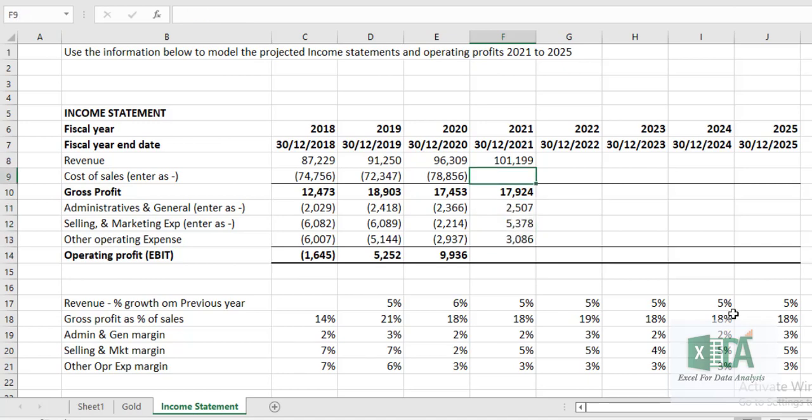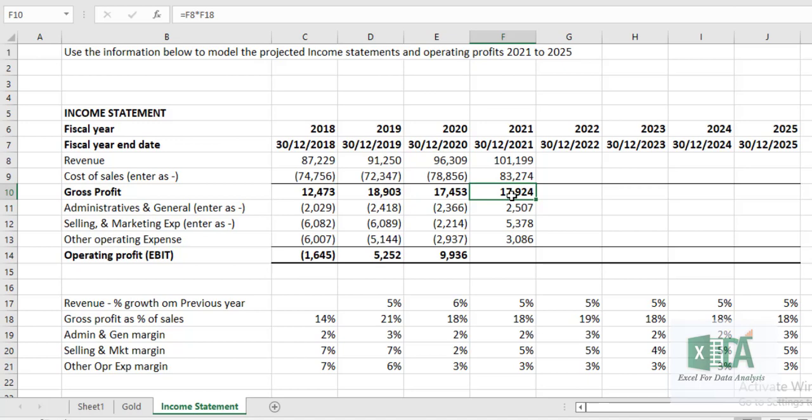Control D. The next thing is we're going to calculate our cost of sales, which is the revenue minus the gross profit. So equals to this minus this. In some cases, we may be given the percentage of cost of sales to sales. In that case, we're going to use the percentage of cost of sales to arrive at gross profit.